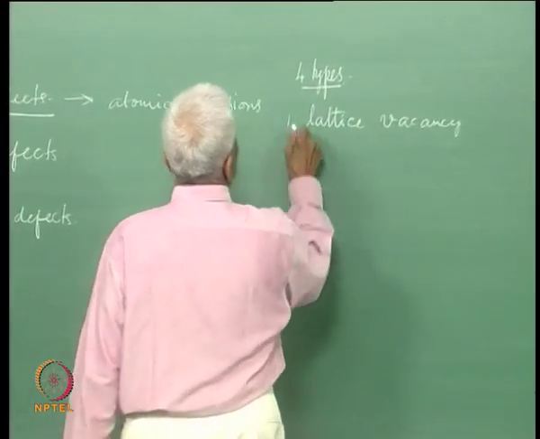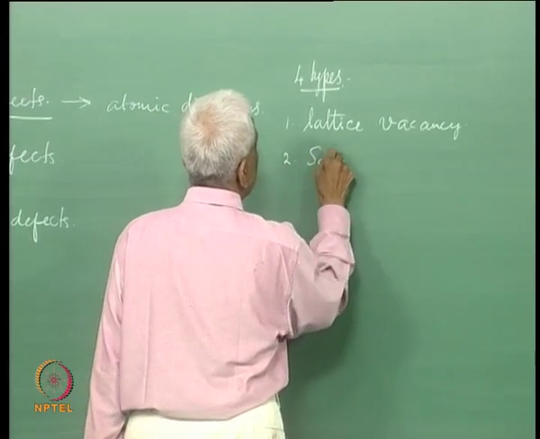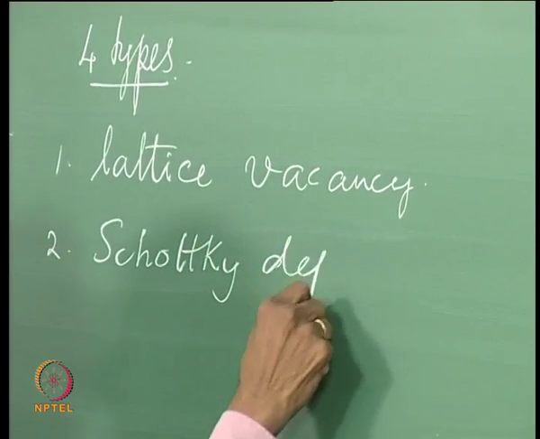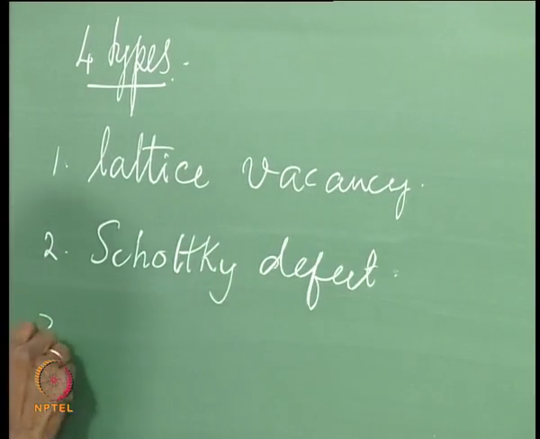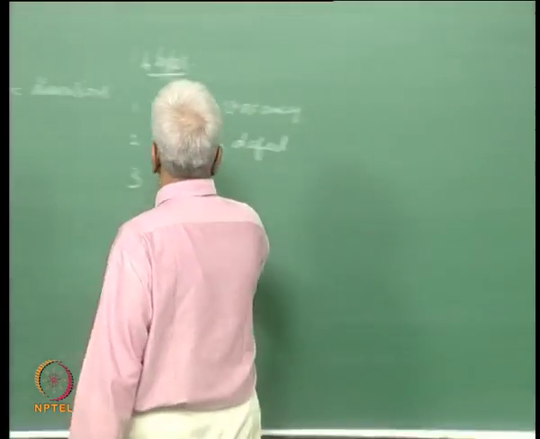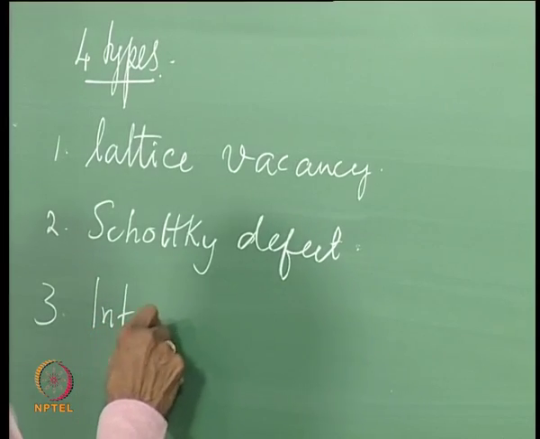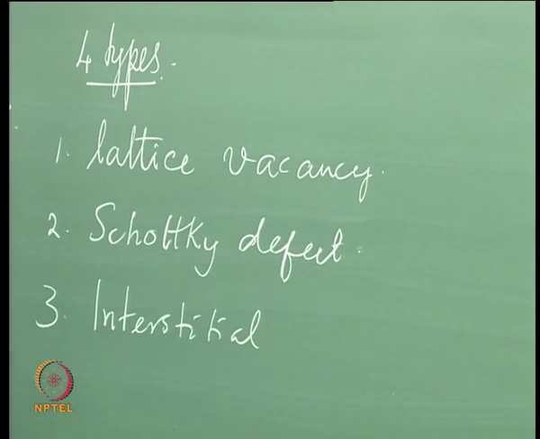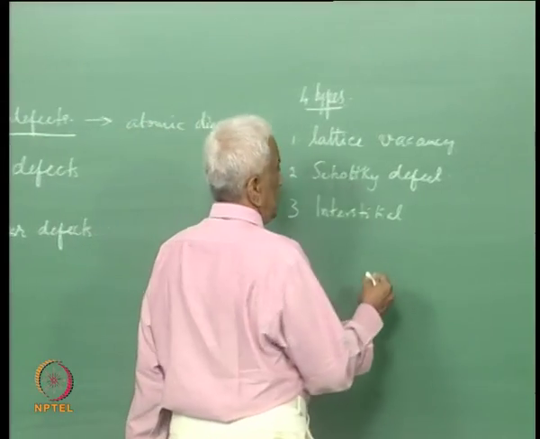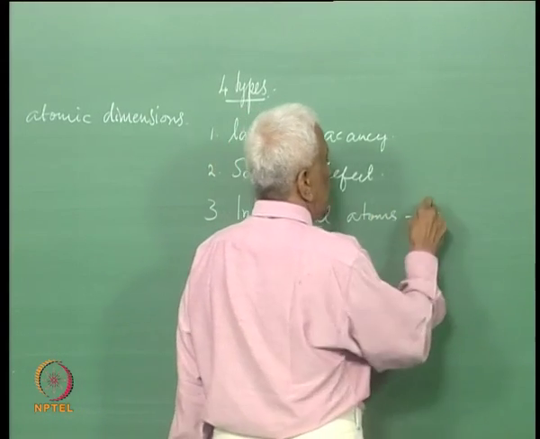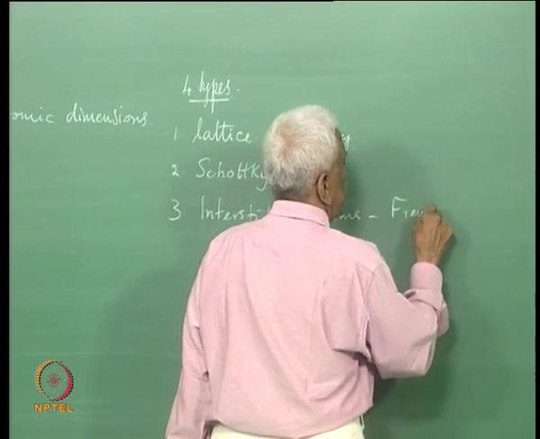Then there is what is known as Schottky defect. We will discuss these things in detail, we will just enumerate them now. Then the third one is known as interstitial atoms, which means atoms which are displaced from the regular lattice sites and are squeezed in the interspaces between the atoms, in the interstices. They are also known as Frenkel defects.